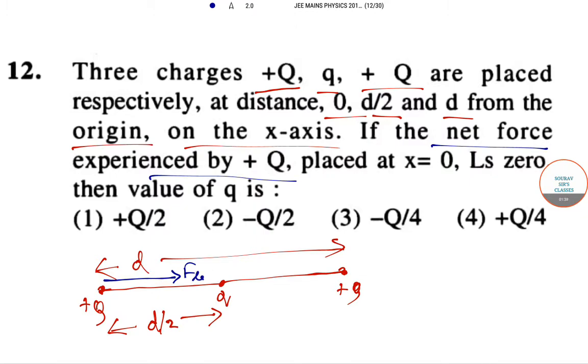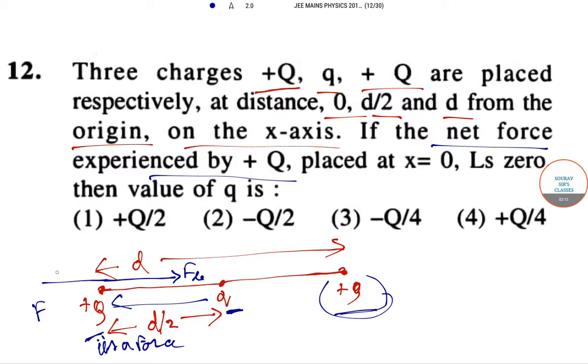Suppose this is FB. The other capital Q also exerts a force on capital Q, in this direction, and this force is FA.